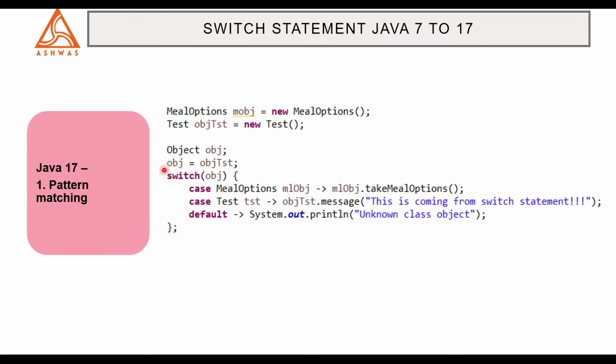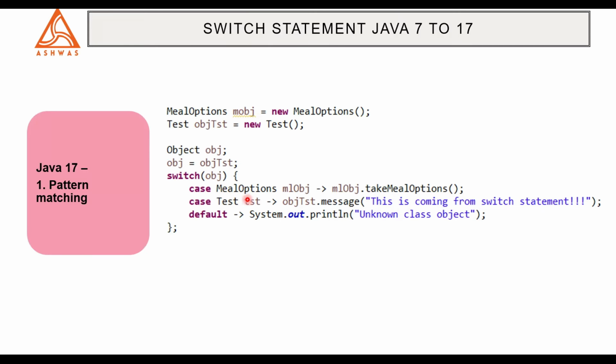All right, and now because of the pattern matching feature of the switch statement, I should call it expression actually, in Java 17, I'm actually allowed to pass an object. So imagine we started by just allowing int values, then we went to string and enum, and then we've come here to passing objects within switch.